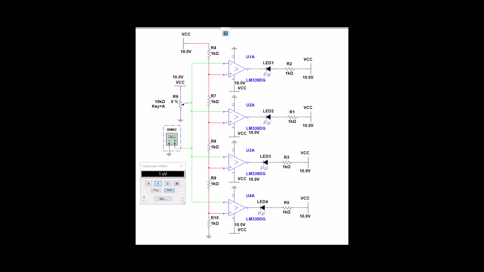Here's our comparator stack circuit, and here's our voltage meter, and our potentiometer is turned to almost zero. All LEDs are off, so let's start climbing.